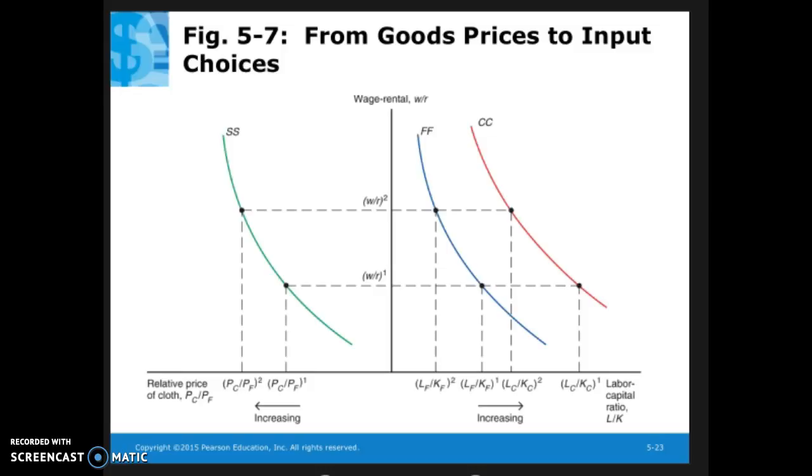If we also know the direct relationship between relative output prices and relative factor prices given by the SS curve, then we can determine relative factor prices, the wage-rental ratio. Once we determine this ratio and the CC and FF curves, we can define the capital to labor ratio in both the cloth and food industries. In sum, given output prices, we can determine not only factor prices, but factor levels in the Heckscher-Ohlin model.